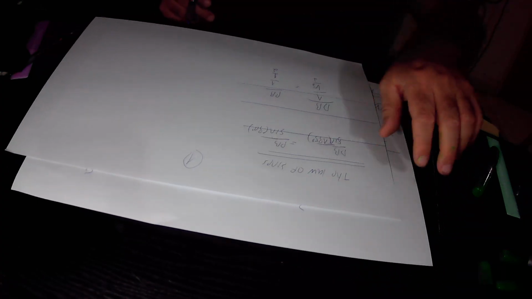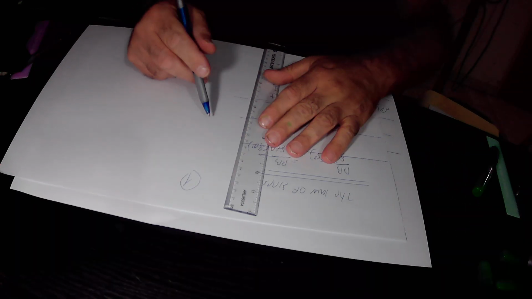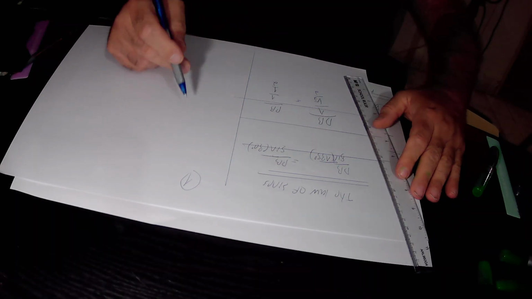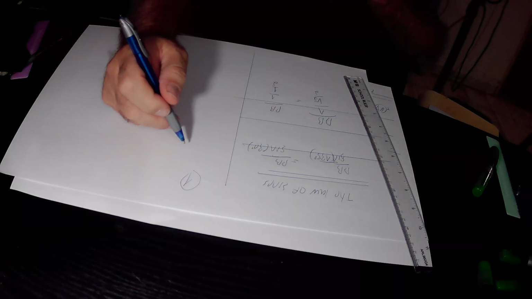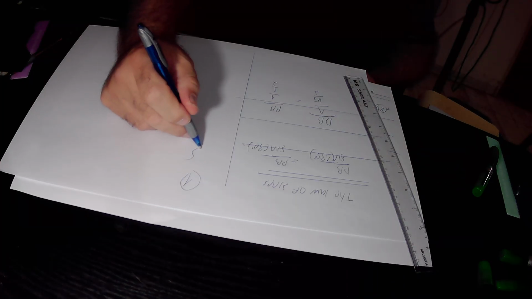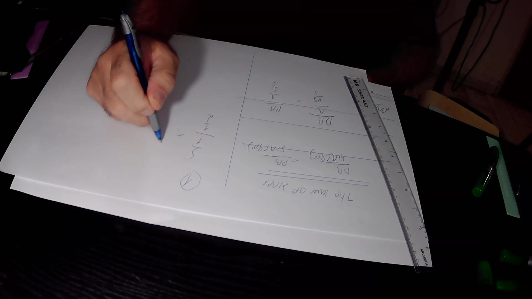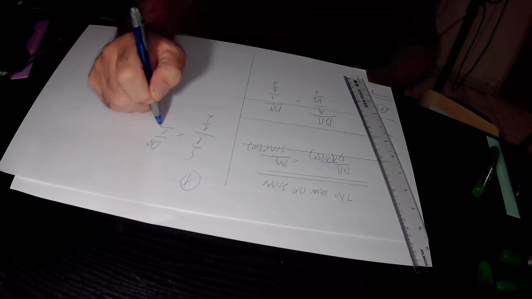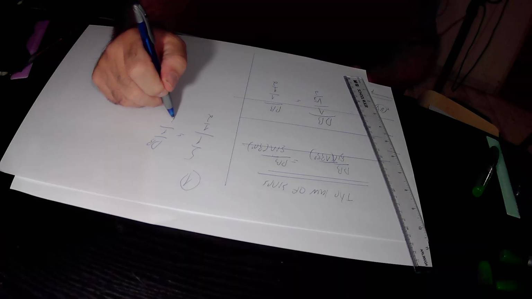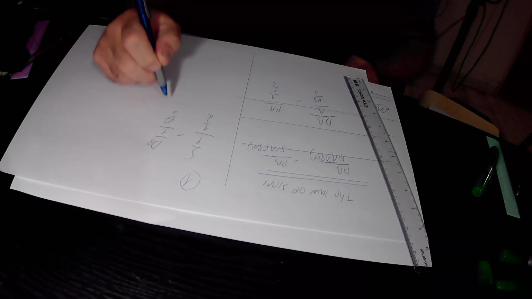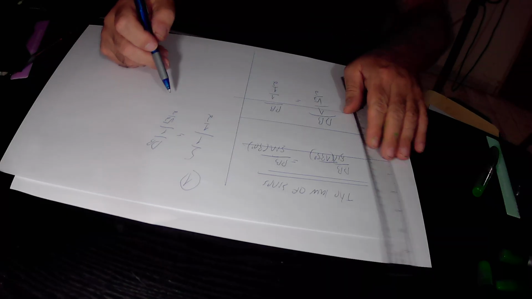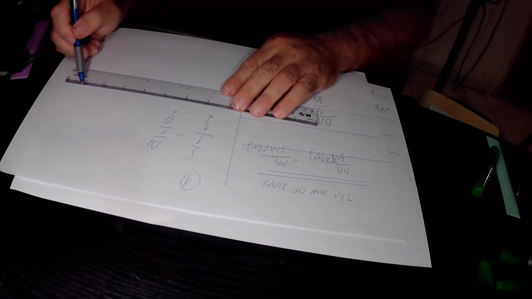We get that 5 over 1/2 equals dB over square root of 2 over 2.